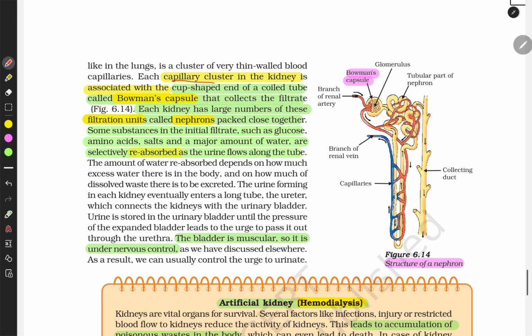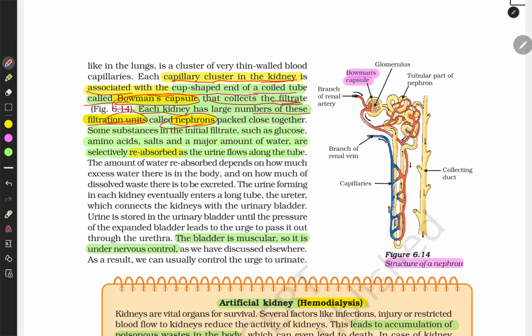The capillary cluster in a kidney is associated with the cup-shaped end of a coiled tube called Bowman's capsule that collects the filtrate. Each kidney has a large number of filtration units. These are called nephrons.